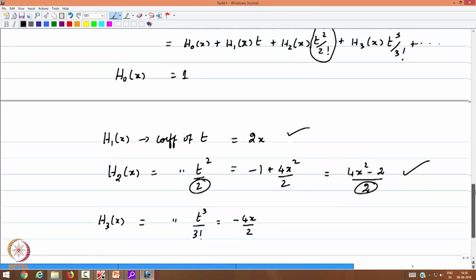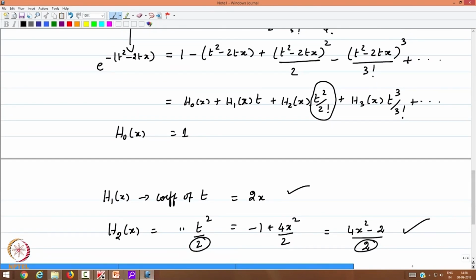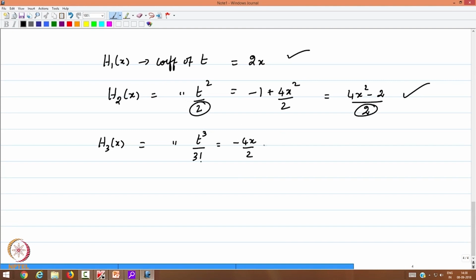The other t cube term you can get is from a minus b whole cube, which gives you minus b cube, and also there is a minus sign here. So, this will give you 8x cube by 3 factorial, plus 8x cube by 6, which will be essentially minus 8x cube minus 12x by 6. Therefore, the coefficient is 8x cube minus 12x, and that is h3 of x.